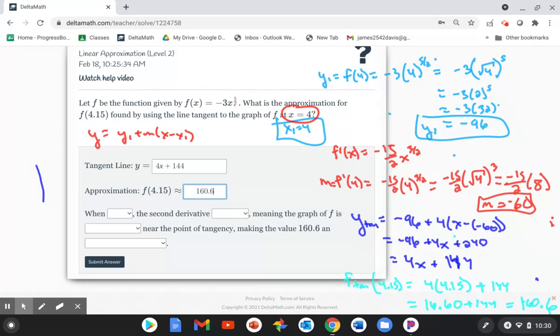Oh, hang on. I think I made a tragic mistake here. Let me backtrack. This negative 60 is the m, which should have gone out here. Whoopsies. Okay, so the reason that I realized that was I was checking my answer here. This is 160.6. It should be kind of similar to this y1 always.